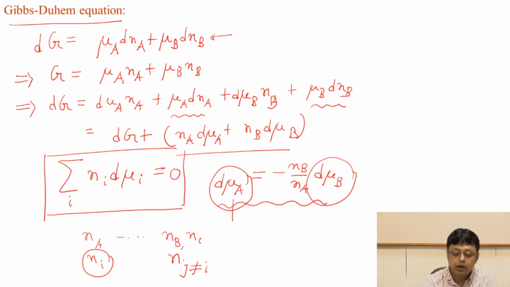However, if we want to vary the chemical potential, we cannot, because the chemical potentials are coupled. The chemical potential of one component cannot change on its own. All chemical potentials have to change, keeping a relationship between them. So they cannot change independently. That is the essence of the Gibbs-Duhem equation.